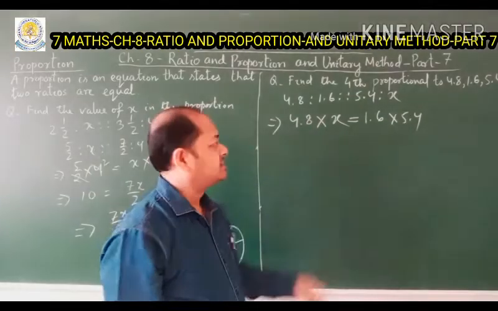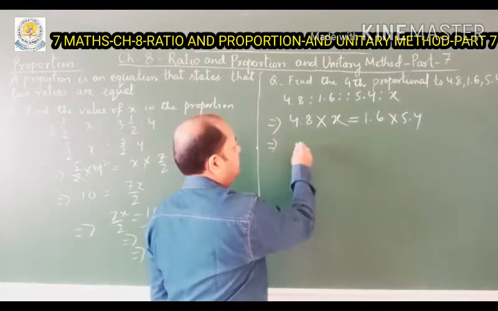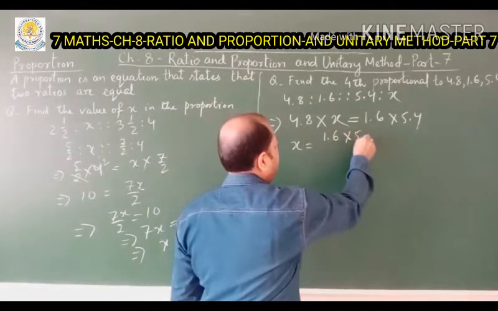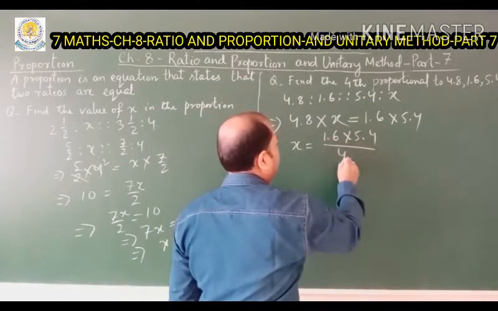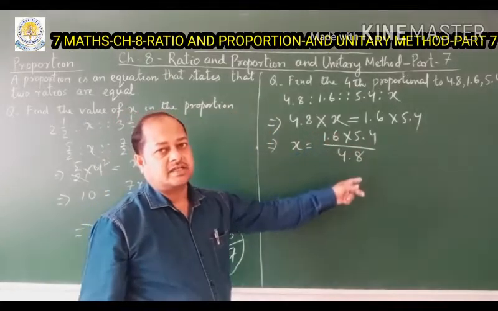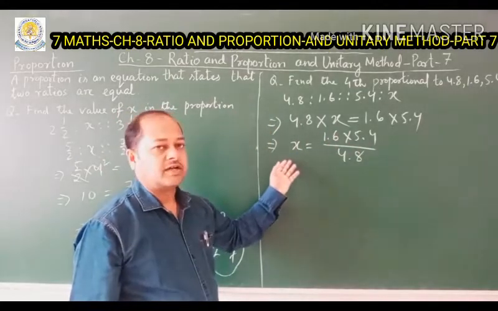This is the product of means here. Or x equal to 1.6 into 5.4 upon 4.8. If you simplify this equation, you can find out the value of x.